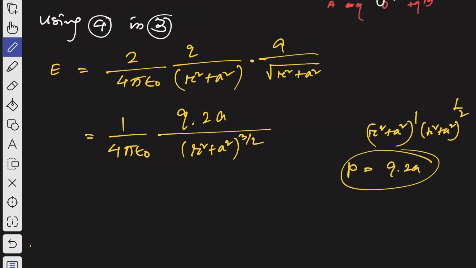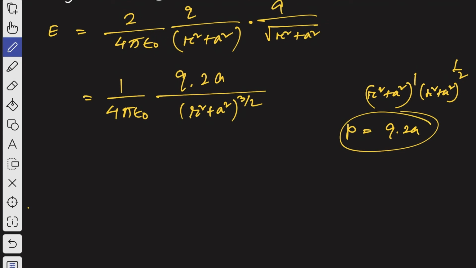And we know the magnitude of dipole moment P is given by Q into twice A, right?